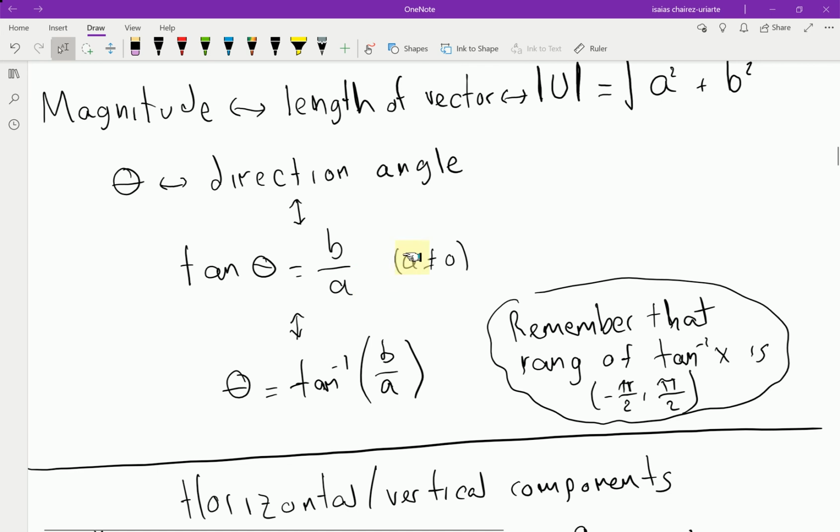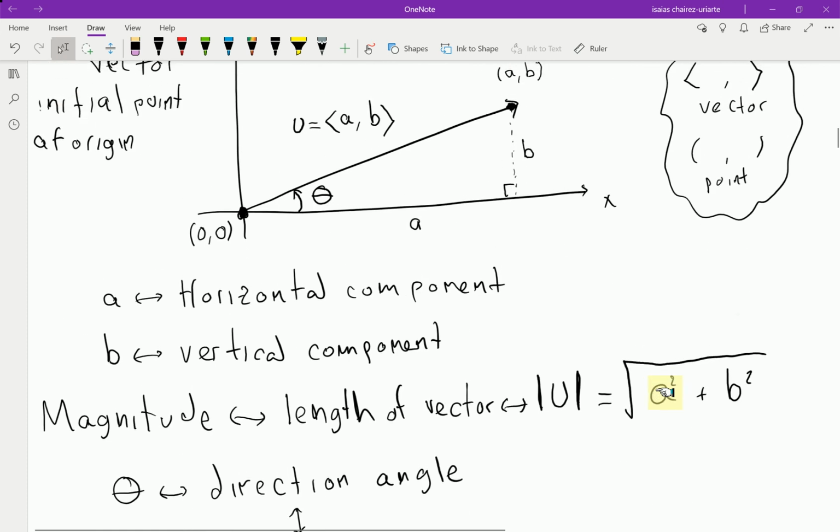Just of course if a is not 0. So theta is going to be the tangent inverse of b over a. Remember that the range of tangent inverse is negative pi over 2 to pi over 2, so you might want to adjust the angle to some coterminal angle later down the line if you're trying to find the direction of a vector.